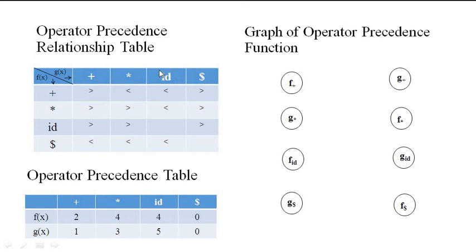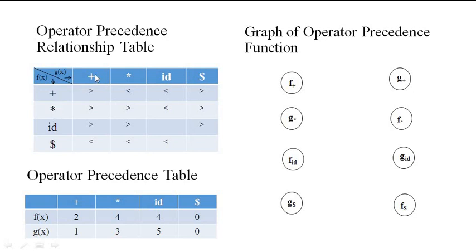Any identifier has maximum priority. So with any operator, ID is always greater. Any dollar sign always has lower priority. So any operator has a higher priority. So plus and dollar, plus has the higher priority.